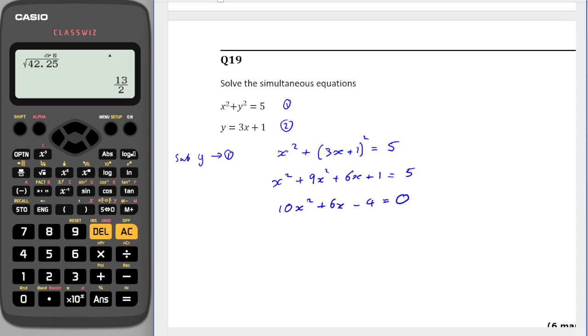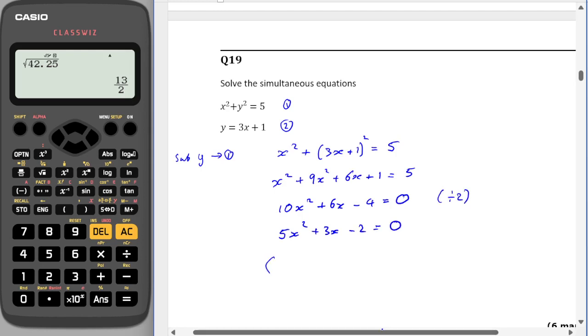Okay, I'm going to divide by 2 as a starting point here because it's not going to affect my answer. So that would give me 5x squared plus 3x minus 2, and that will be easier to factorize. So let's just show divide by 2. Okay, so I'm hoping that's going to factorize, but we'll see. So the only way I can make 5x squared is 5x and an x, and the only way I can make 2 is a 2 and a 1. We're going to have one of them negative though.